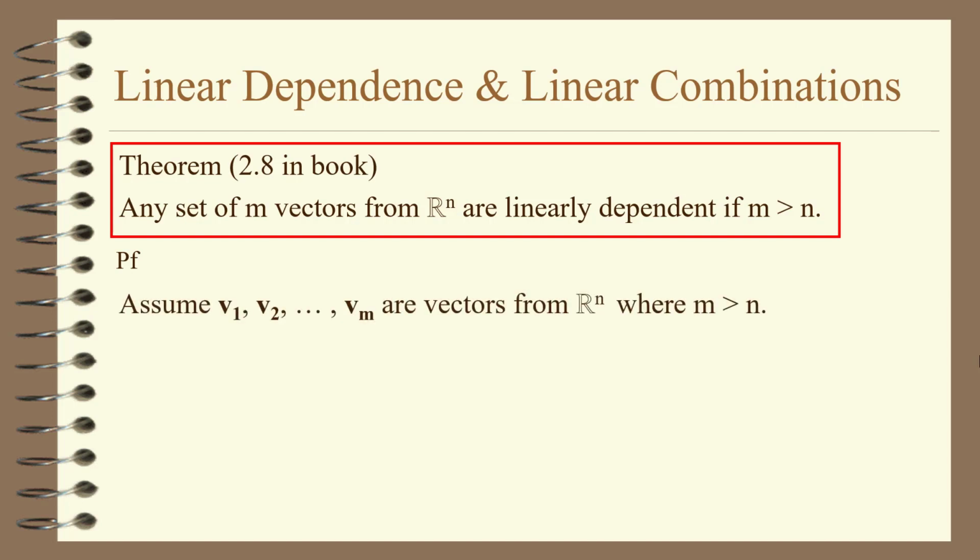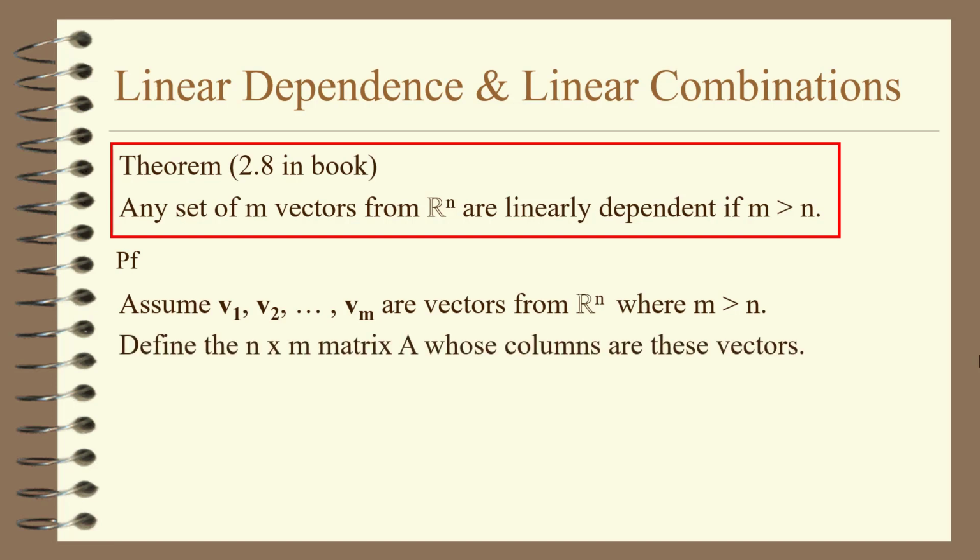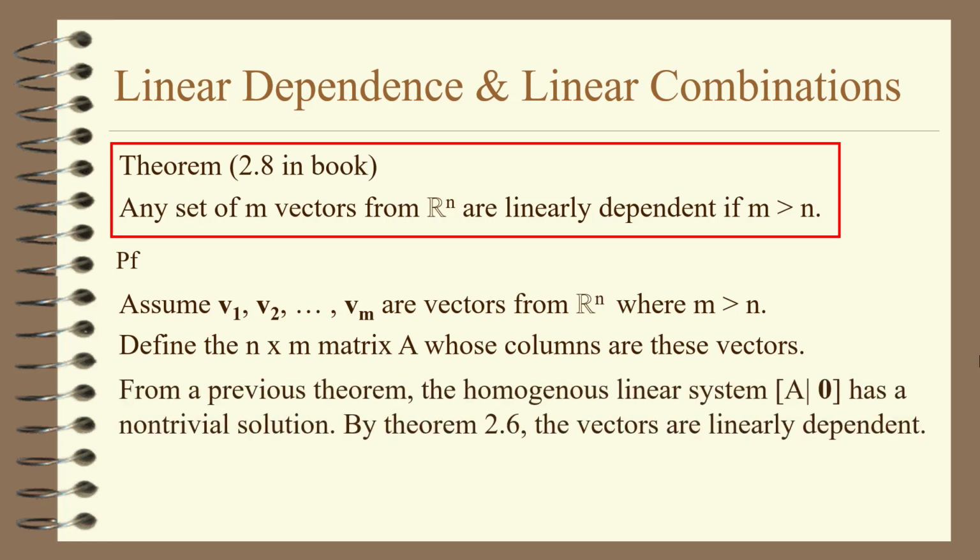So, let's assume that we have a bunch of vectors, m of them, from Rn, and m is more than n. Now just form a matrix A whose columns are these vectors, and look at the corresponding homogeneous linear system, A adjoined with the 0 vector. That system has got to have a non-trivial solution, because from a previous theorem, it will have more variables than equations.